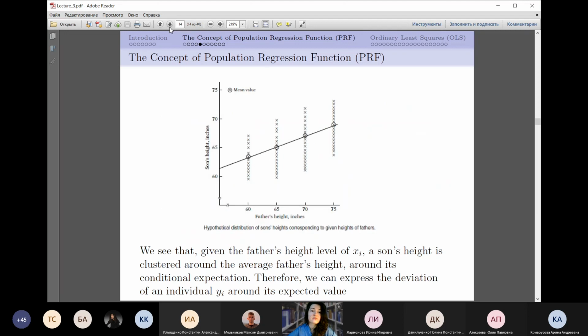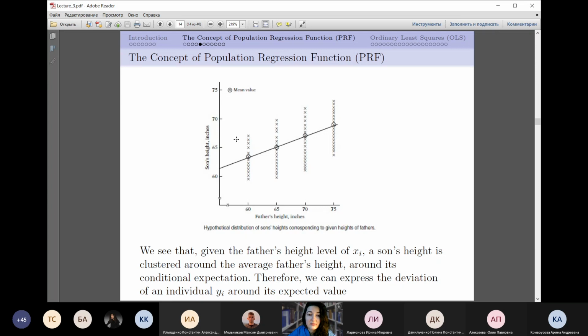Now let's discuss a simple example to understand the idea of the population regression function. This example comes from genetics. We collected and studied height data from families, and we want to understand heredity.